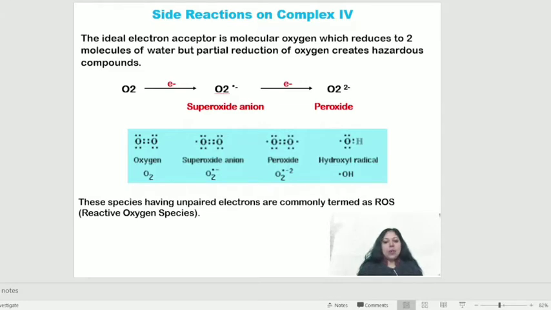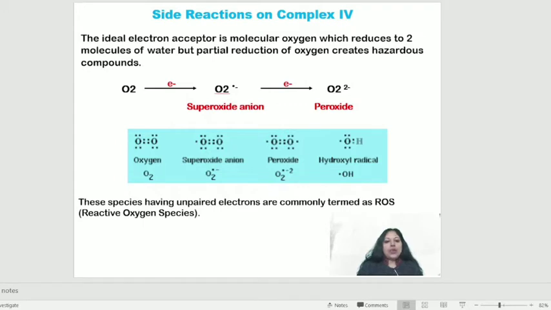Electrons, whenever they are single or unpaired, are extremely dangerous, and this can easily happen when one electron transfer is going on, correct?